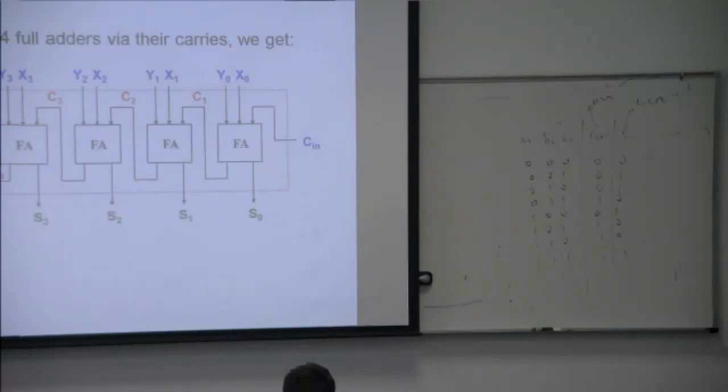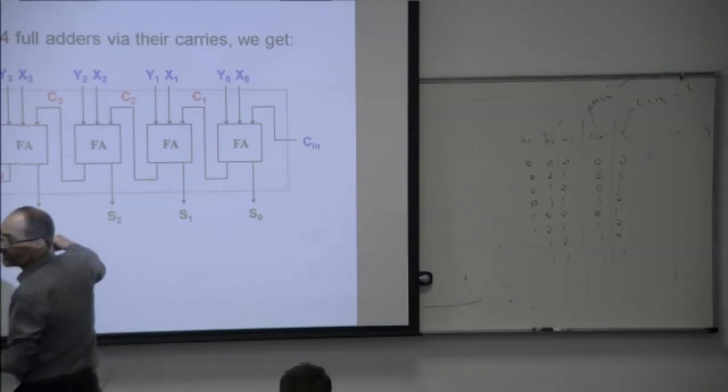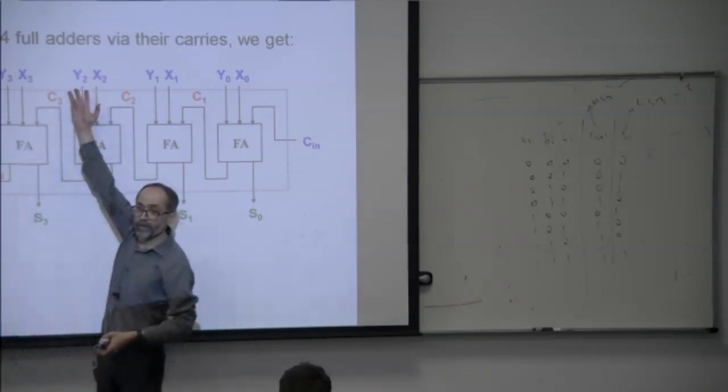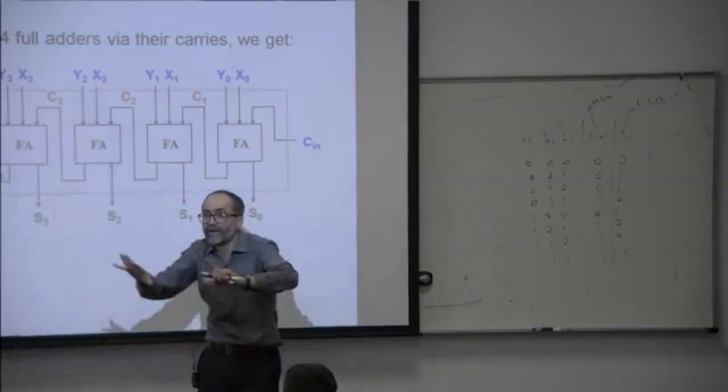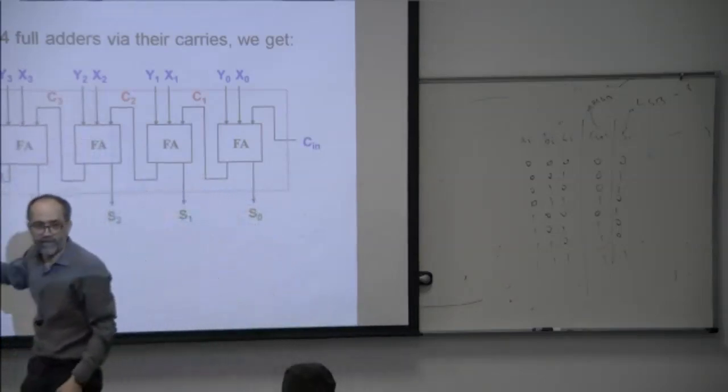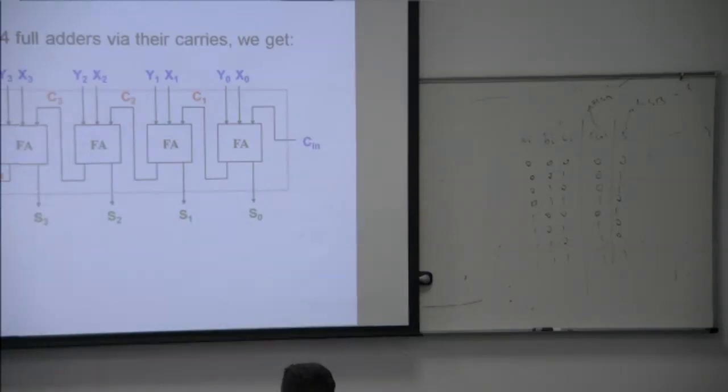C out, which is actually C4, and S0, S1, S2, and S3. If you think of a function in C or C++, these are the input arguments, these are the output arguments, and these are the variables within the function, just as an analogy. It's not perfect, but that's how it works. Any question? Should we proceed?